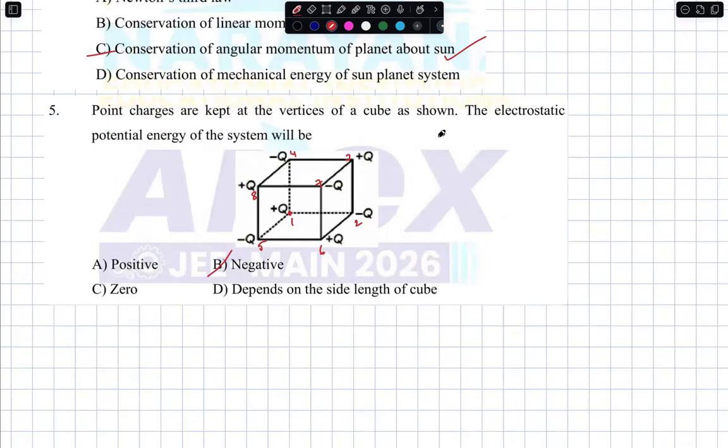Now see, 1 will interact with 2, 3, 4, and 5. Similar situations: 1, 4, 1, 2, 1, 5 are alike.